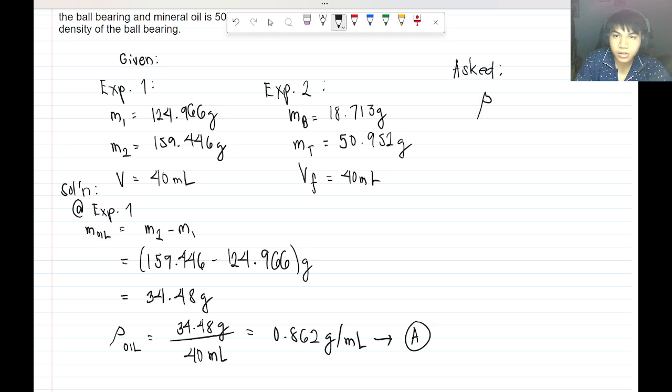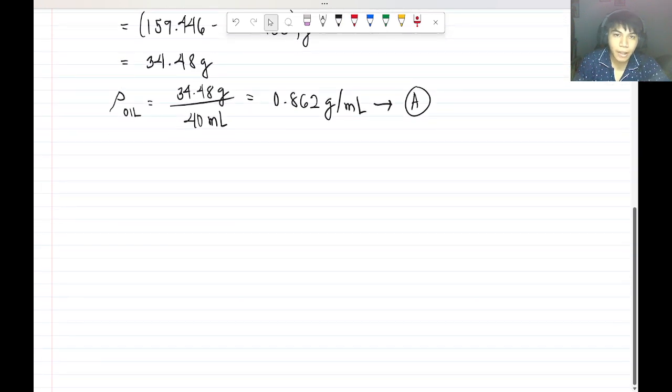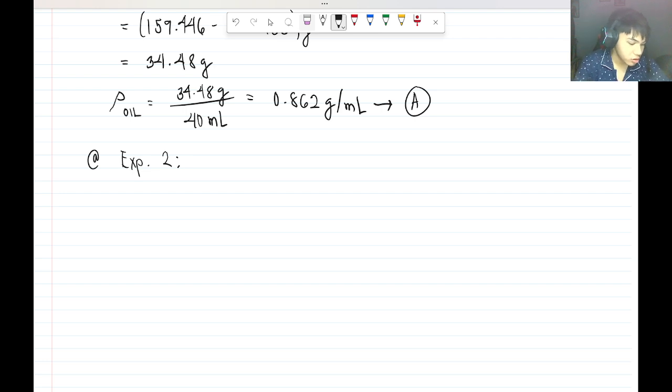This is the density of the ball bearing. For experiment 2, first we need to find the mass of the oil. Again, we can do that by subtracting the mass of the ball bearing from the total mass.